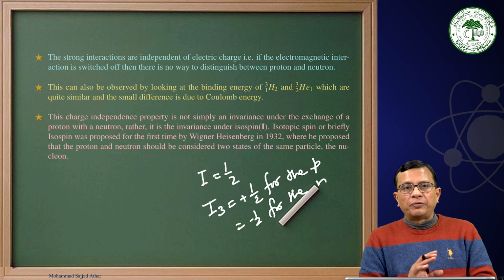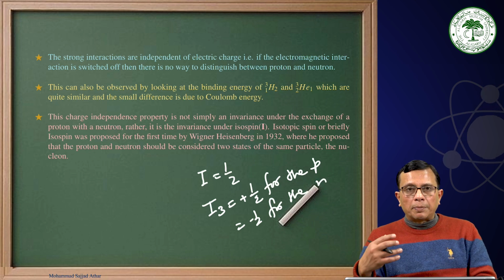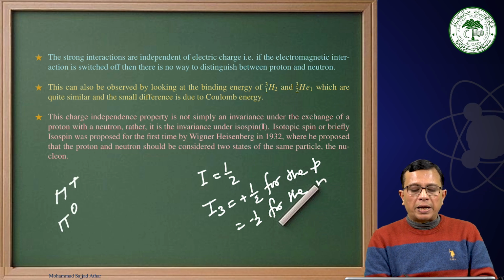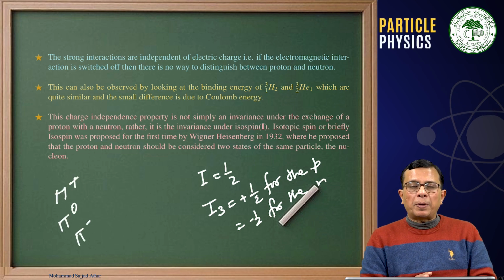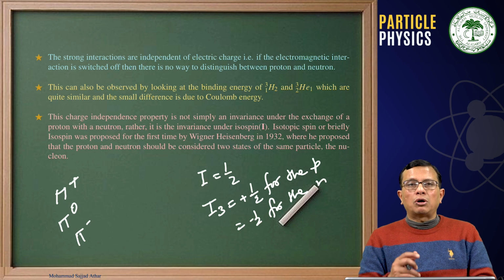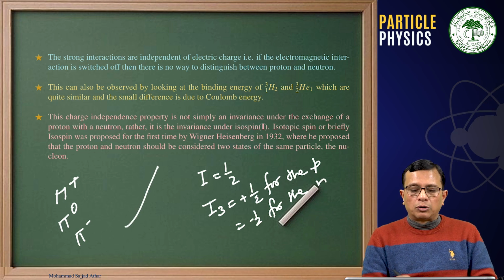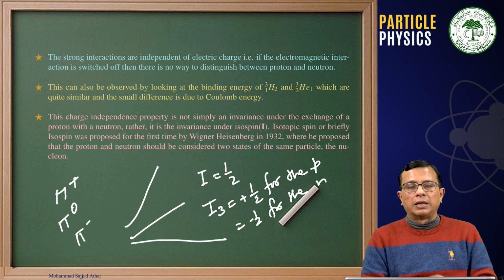Similarly, when we talk about pions, pi plus, pi 0 and pi minus are different particles when we have switched on the electromagnetic interaction. If we pass these particles through a magnetic field, one will go in this direction, another in this direction, and the neutral pion in this direction.